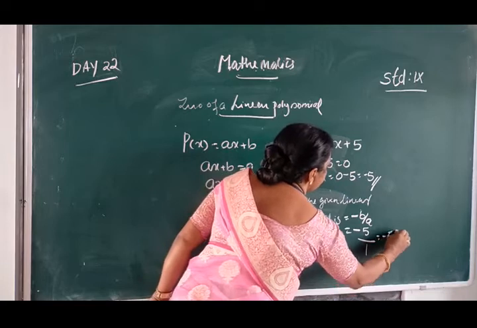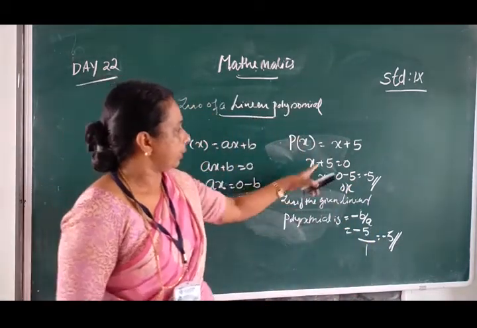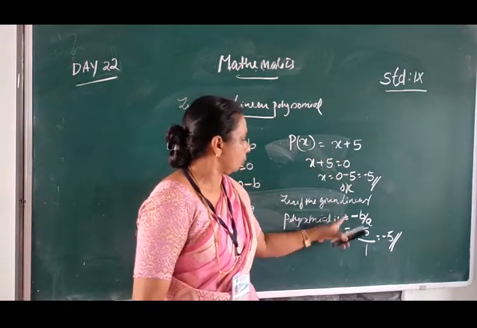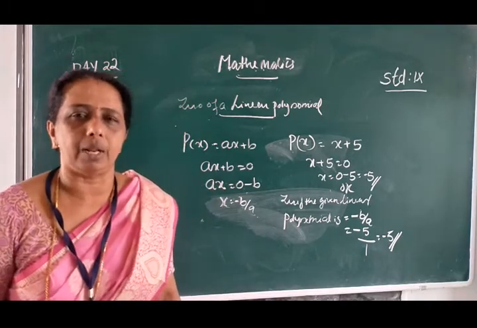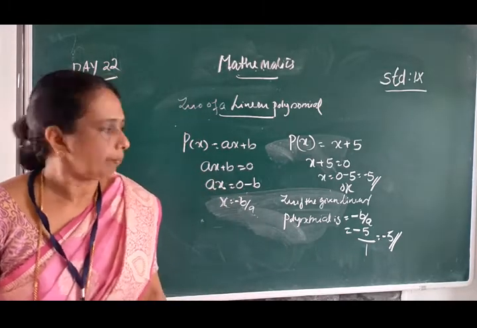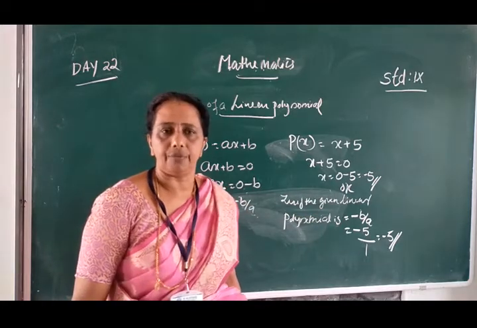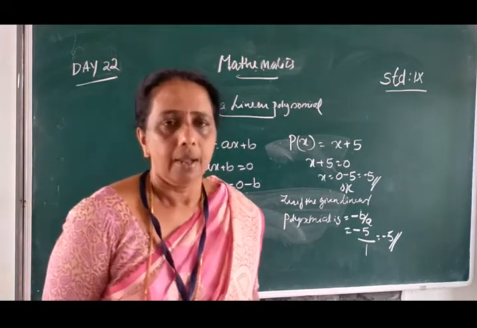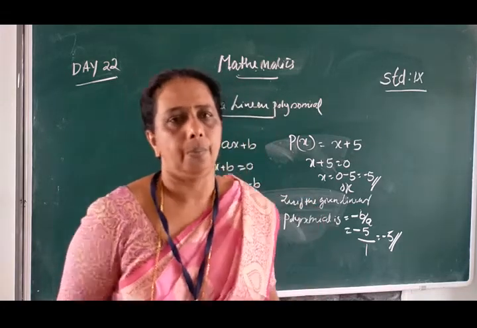Either way we can find it, by equating that polynomial equal to 0 or using this formula minus b by a, minus of constant divided by coefficient of x. Using any one of these methods we can find the zero of a linear polynomial. A linear polynomial has only one zero.